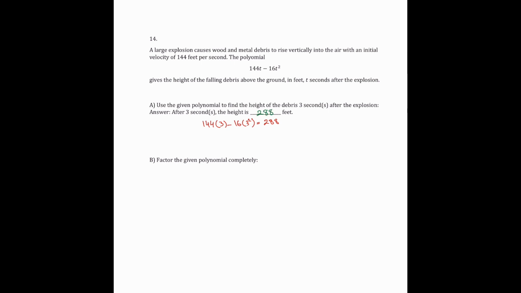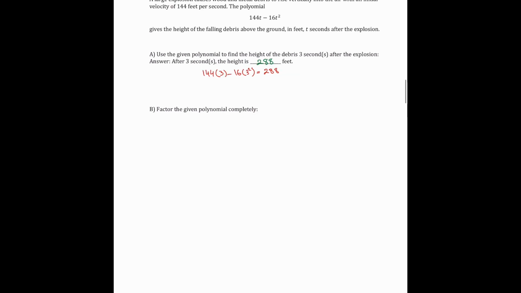Factor the given polynomial completely. So the polynomial is 144t minus 16t squared. I can pull the t out as a common factor and the 16 as a common factor.